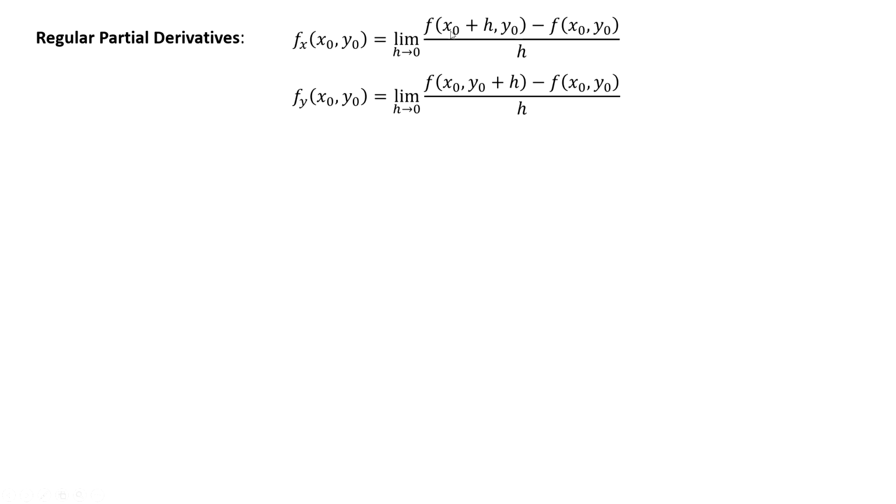Move just a little bit in the x direction by an amount h. It could be positive h or negative h, right? And then look at what the difference quotient is.